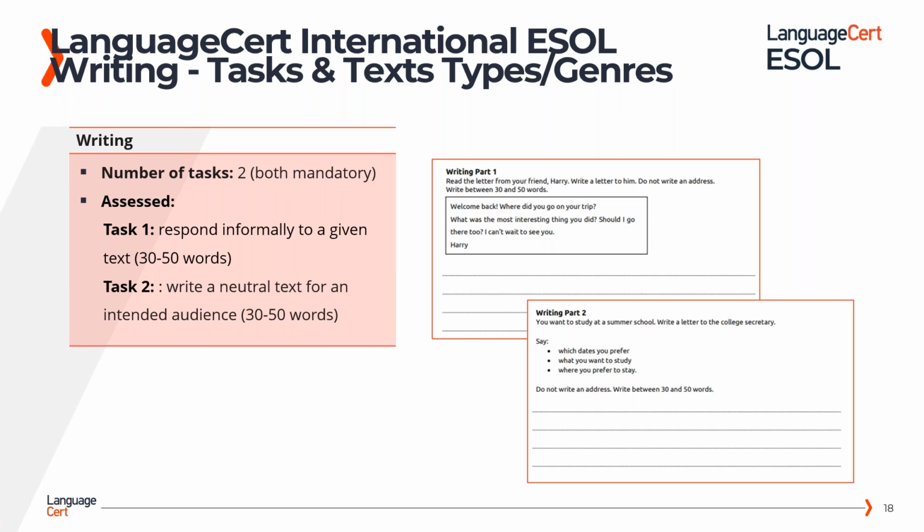For example, candidates may be asked to write about themselves, daily life, people, where they live, what they do, etc. The second task asks candidates to write a neutral text for an intended audience, such as a short letter, card, postcard, or message in 30 to 50 words. You can see 2 examples here.